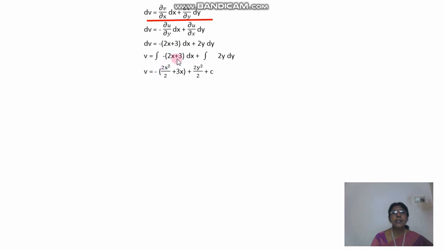Integral of x dx means x²/2, plus 3 constant, integral dx means x, plus, the second one, 2 constant, integral y dy means y²/2. Now cancel the 2 in the first term and also the 2 in the second term. We get v = −x² − 3x + y² + c. Now v is the harmonic conjugate of the given function u.